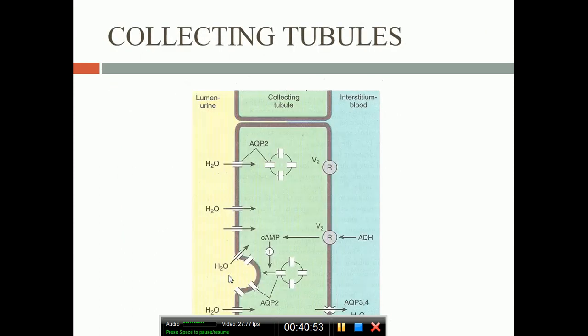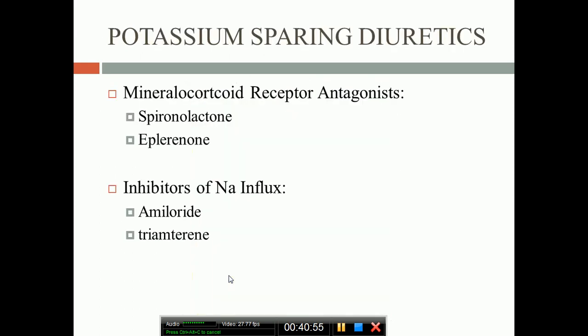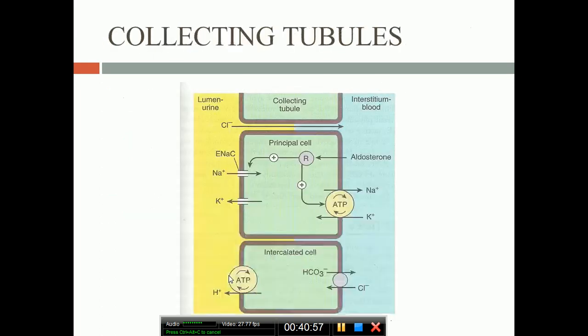What type of drugs? One thing I have missed is the aldosterone. If you see, it is clearly mentioned that within the principal cell, aldosterone acts on aldosterone receptors. Aldosterone is a hormone.